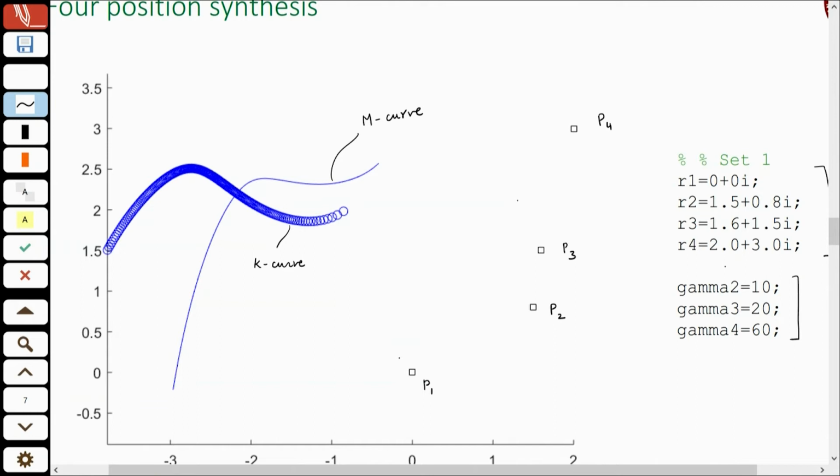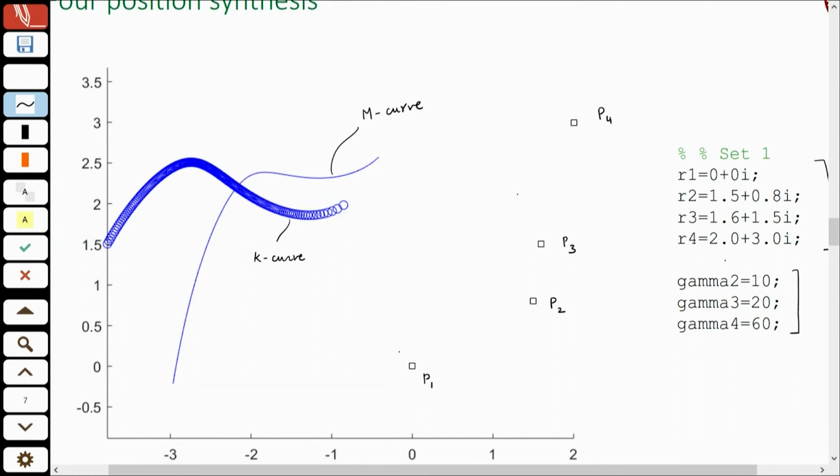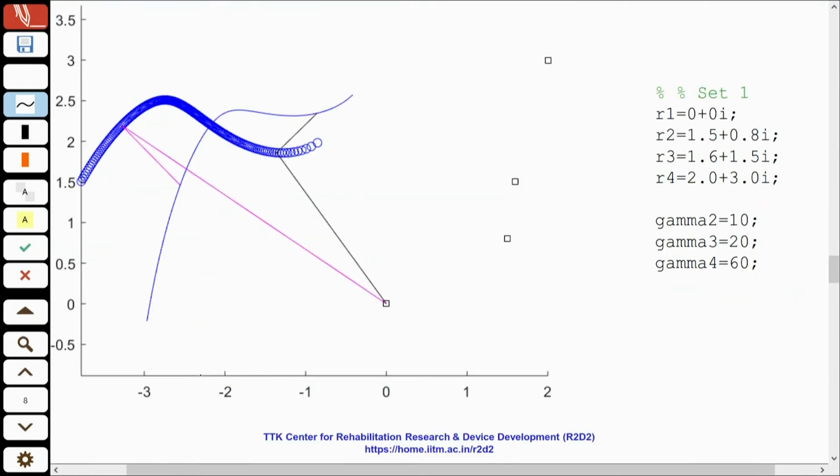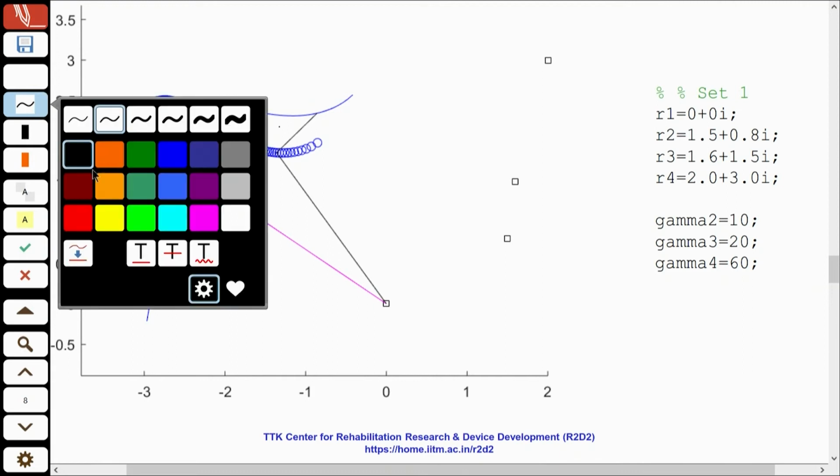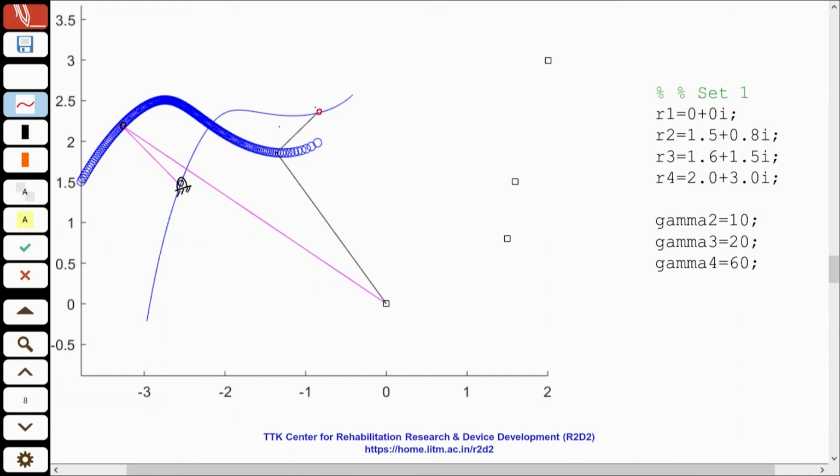So, for instance, here I have an example. You can see here I have picked for one dyad. This is a center point that I have picked on this curve, and that has a corresponding circle point here. Then for the other dyad, I have picked a center point here, and that has a corresponding circle point there.